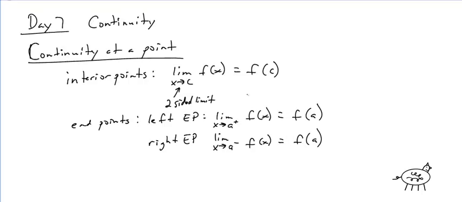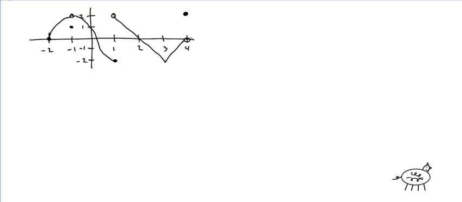I want to start with an example here, and it's all going to be based off of this graph. I'm going to try to write a little small because I have to make a lot of points here. Here is your graph. Let's take a look at all the different points that we have.